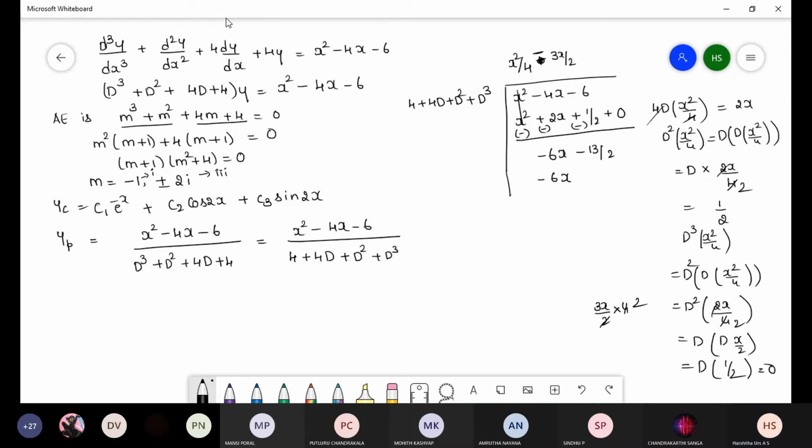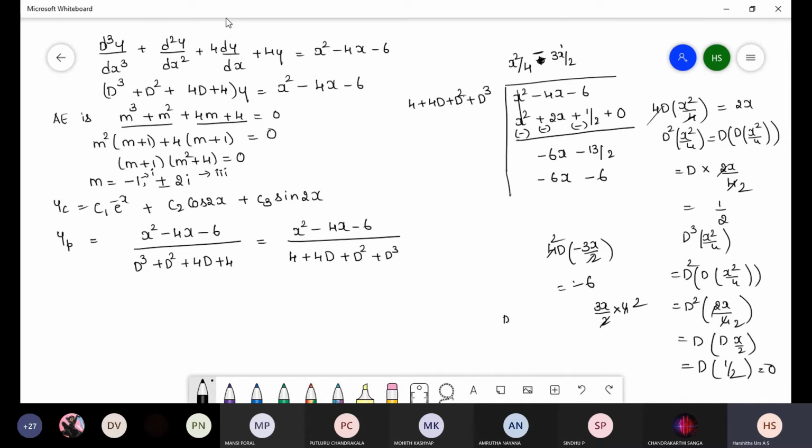Again here, 4d into minus 3x by 2. The differentiation of 3x is 3, so here we get minus 6. Next, here we have degree 1, but here we have 2.